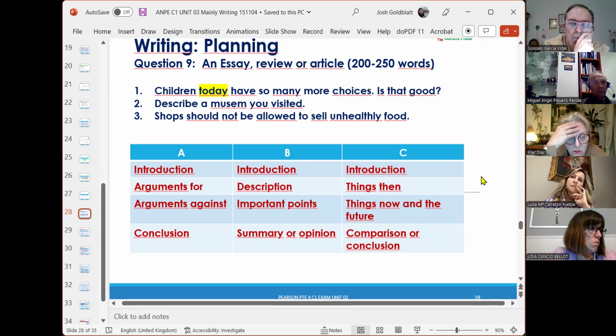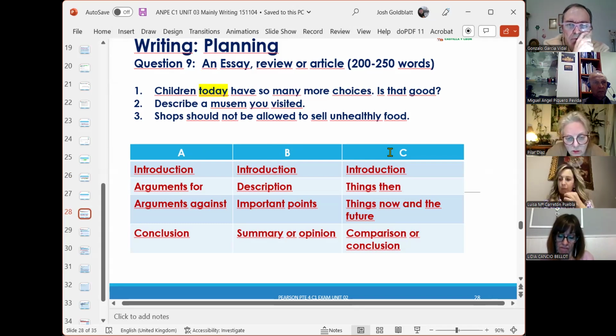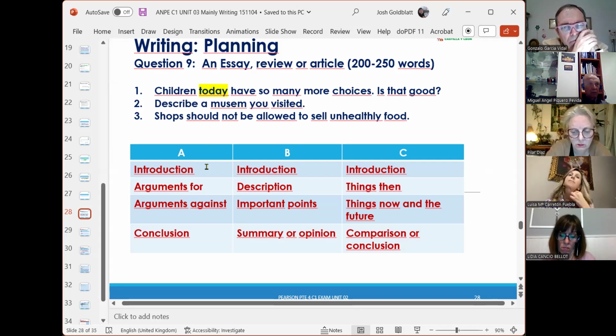Okay? It's the structure. So normally we could have 3 normal kinds of structures. Okay? One would be A, which would be an introduction, arguments for, arguments against, and our conclusion. Right? That's when we're being asked to discuss something, our discussion.